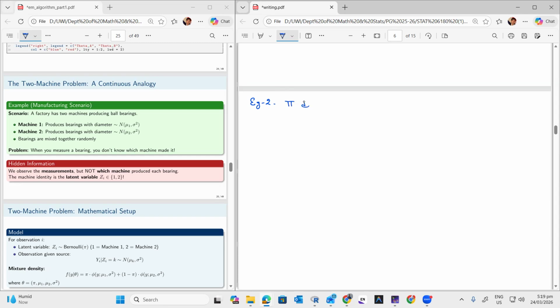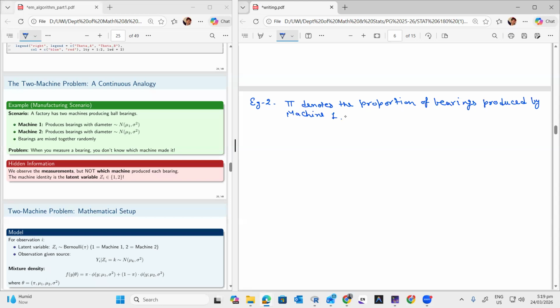Suppose pi denotes the proportion of bearings produced by machine 1. So the goal is to estimate the parameter value.